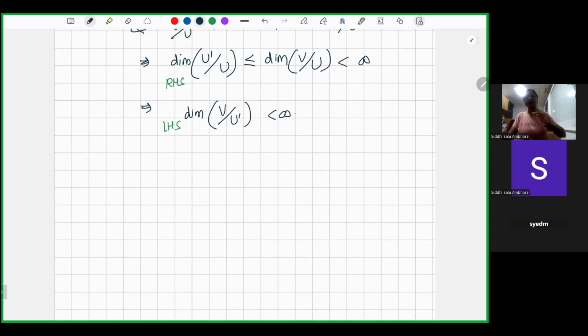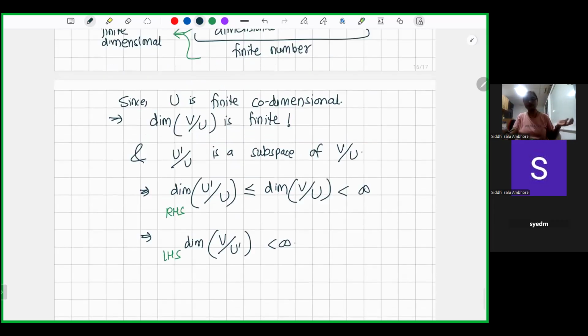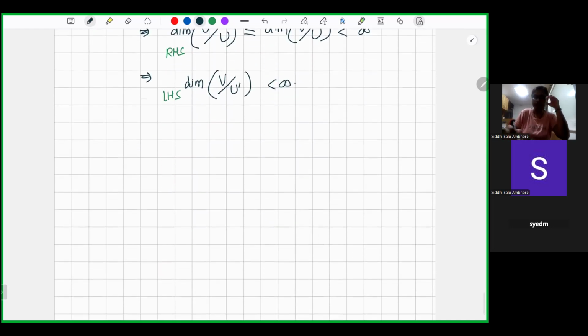Since this is finite dimensional, I get this also finite dimensional, and therefore U dash is finite codimensional in V. Okay, is this okay?